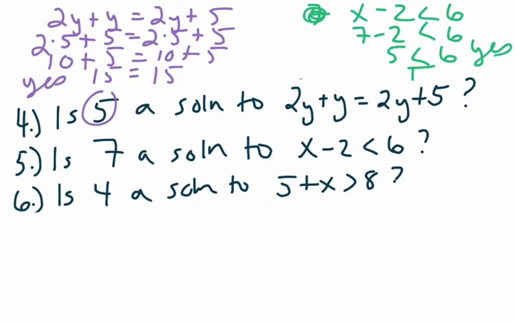And then the last one here, we have 5 plus x is greater than 8. Remember, again, reading it from left to right, because of the way that's oriented, it means the bigger quantity is on the left. So we're going to read is greater than. 5 plus 4 is 9. 9 is greater than 8, which is true, and that is a solution.